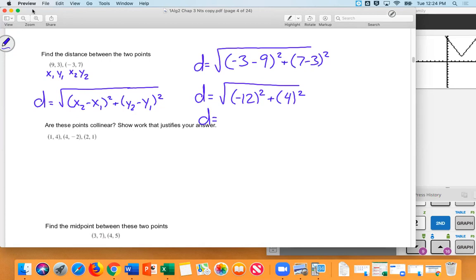So d equals the square root, -12 squared is 144, 4 squared is 16. So I get d equals the square root of 160, which, a little closer to 169. So I'm going to say it's about 12.65. That's my guess.